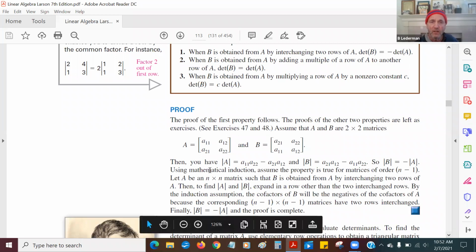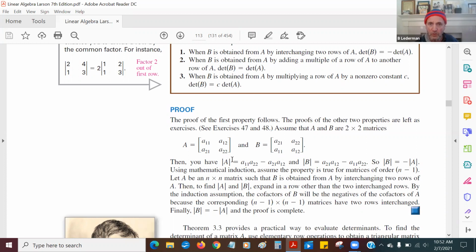Okay, so here's A. Matrix A is A11, A12, A21, A22. Now matrix B, we just took the top row and put it on the bottom, and the bottom row and put it on the top. Now the determinant of A, let's just multiply it out. That's A11 A22 minus A21 A12.